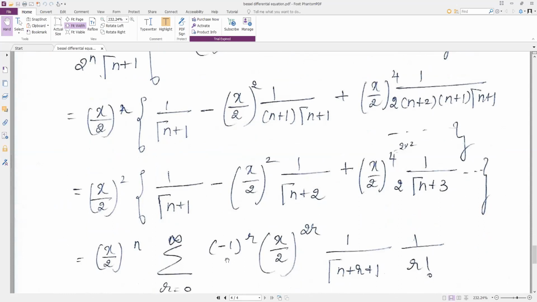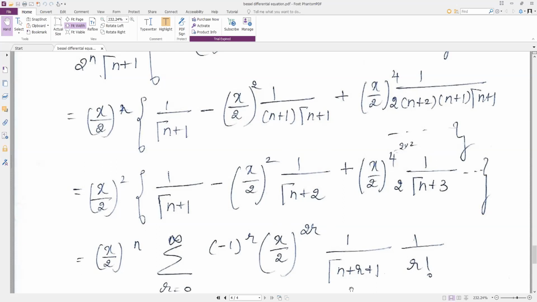So we need to write the general term here. Now how will you write the general term? Based on the terms present here. See, x by 2 to the power, here 2, here 4. It is 2 times r, correct? Then 1 by gamma n plus, when it is 2 into 1, right, 2 into 2. So here it should be n plus r plus 1.